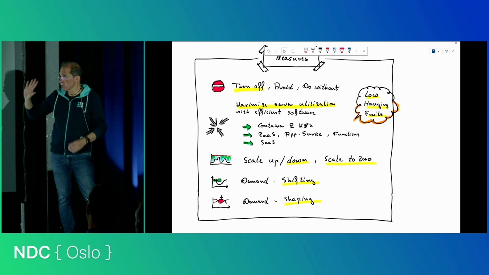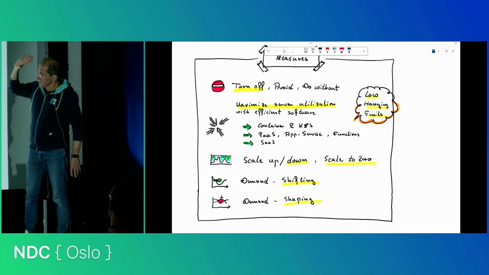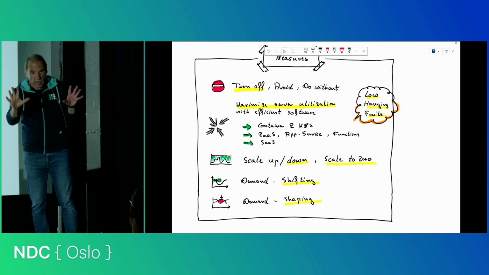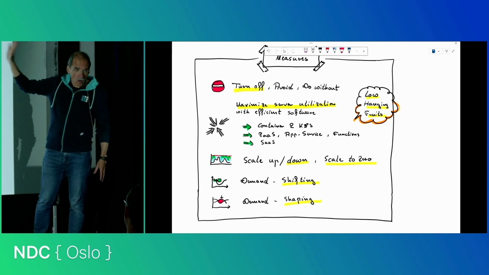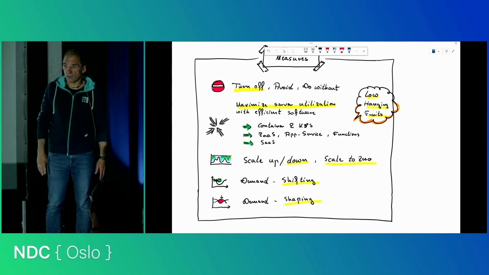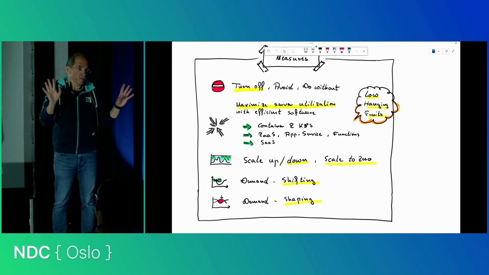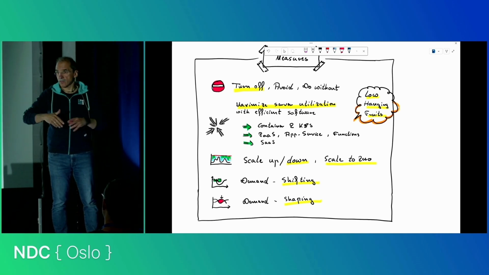And if you practice this, it depends of course, but what I see is you can lower your emissions by at least 40%, and sometimes you can go to 50, 60, 70%.